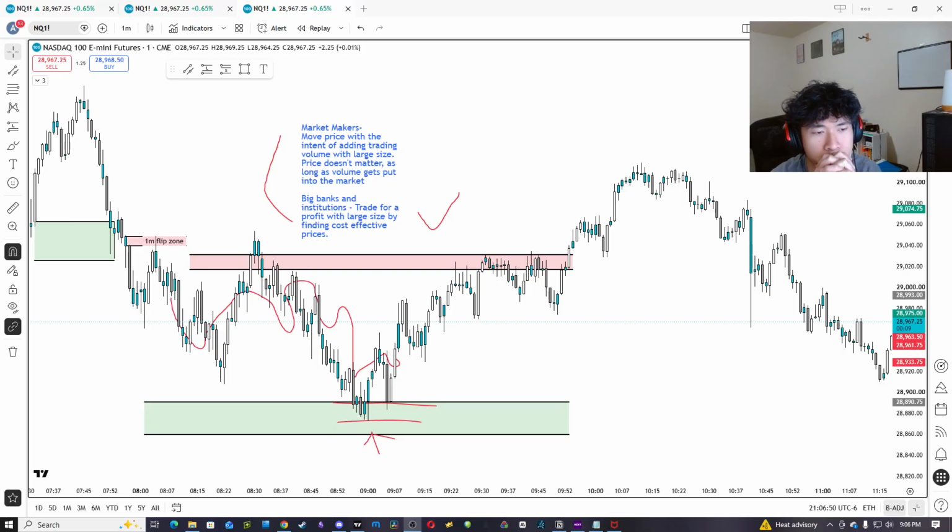So that's the trap. So it's hitting their stop loss. It's causing the trending orders to hit their stop loss. And then along with that, they also get a better price.